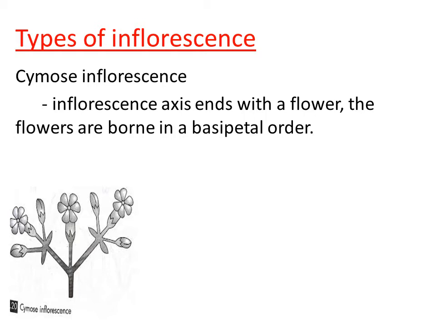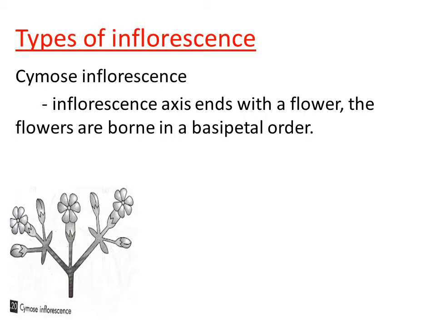The inflorescence axis itself ends with a flower, right? The younger flowers form from the base of the old flower. You can see that from the base of the old flower, two lateral branches are formed. Those branches will form the new flowers, right? This pattern of flower formation is called cymose inflorescence.